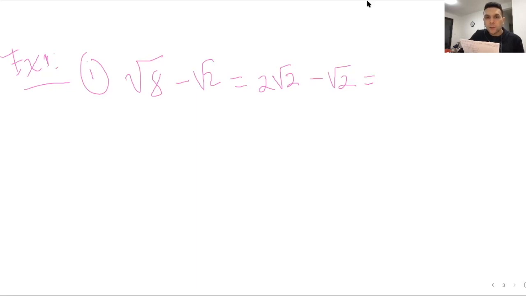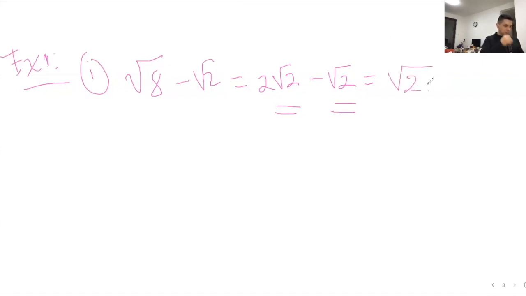These two you can combine because they have the same radical surd. So this would be 2 minus 1 equals 1, and then you just keep the same surd. And that's it.